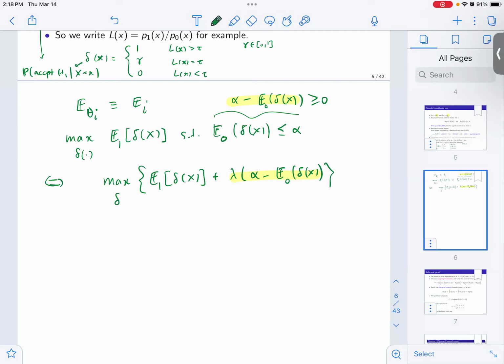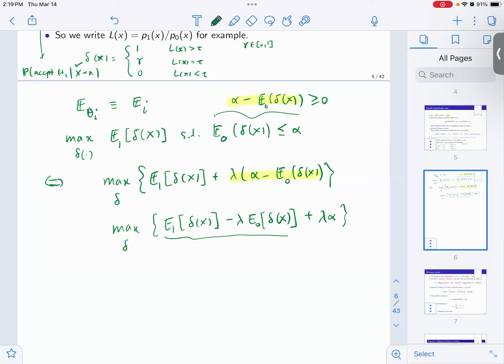In order to maximize this, we can focus on maximizing this part: E1 delta(x) minus lambda E0 of delta(x). The other part we don't need to worry about because it doesn't depend on delta. So I just have to maximize this part.